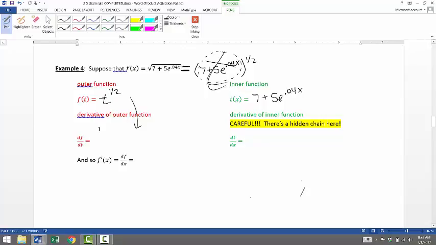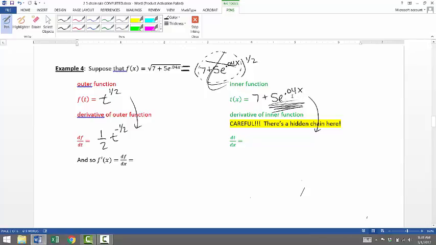Again, we've got to find the derivative of the outer function, which would be 1/2 t to the negative 1/2, and the derivative of the inner function. Derivative of 7 is 0, derivative of 5e to the 0.04x. Careful there, it's not just 5e to the x, it's 5e to the function of x. We did a problem just like that a moment ago.